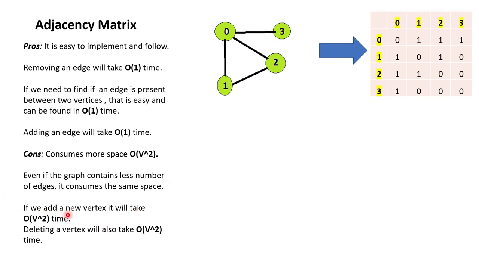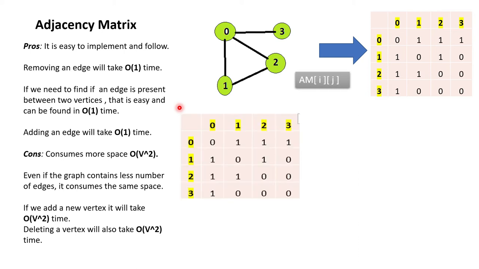Next is, if we add a new vertex, it will take O(V square) time. So suppose I have to add a new vertex 5, then how much time will it take? That is said as O(V square) time. Why is it? Suppose this is the original graph, and then I have to add one more vertex, that is the 5th vertex.